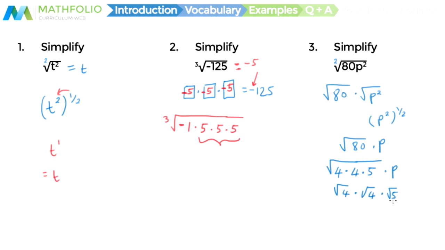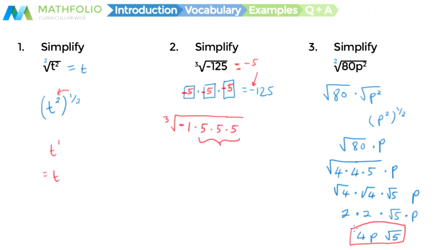Now 5 isn't a perfect square, but 4 is a perfect square, and so is that other 4. So the square root of 4 is 2, so it's the same as 2 times 2 times radical 5 times p. Now the radical 5 we're going to leave at the end, but 2 times 2 is 4, and 4 times p is 4p. So the simplified version of the square root of 80p squared is 4p radical 5.